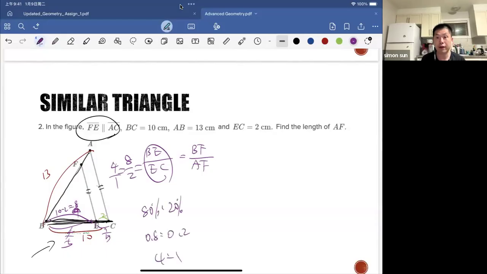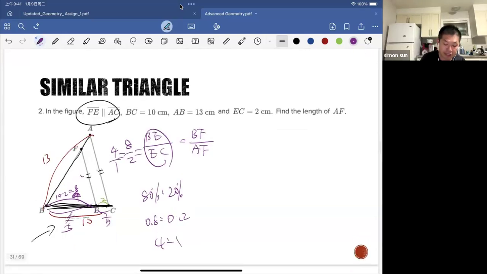So because EC is 1 over 5 of the original length, for AF it's still 1 over 5 times 13, which is 13 over 5, equal to 2.6. Solved. Okay, any question with this one?